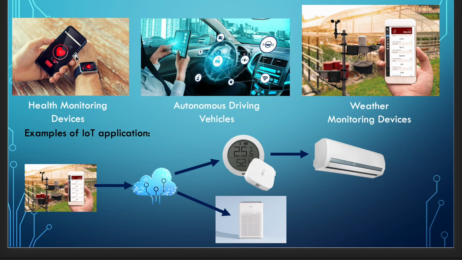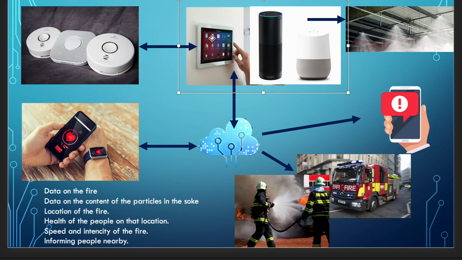Then there are health monitors, wearables. That information will be displayed even inside self-driven vehicles. The speed, the location of other vehicles and things like that would be displayed on the vehicle dashboard or on the vehicle screen. Then again we have control panels with screens to display all the information that is there.